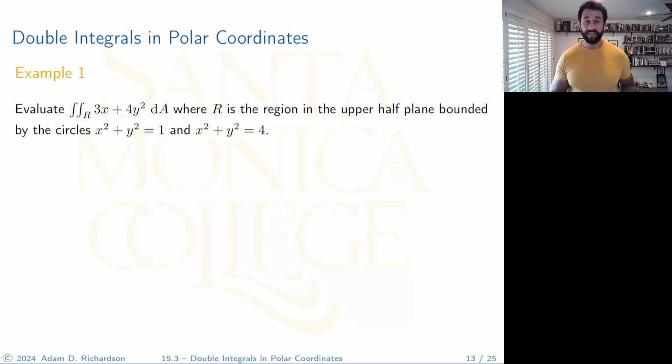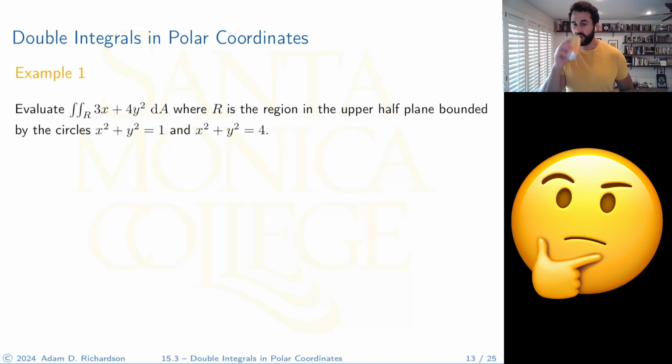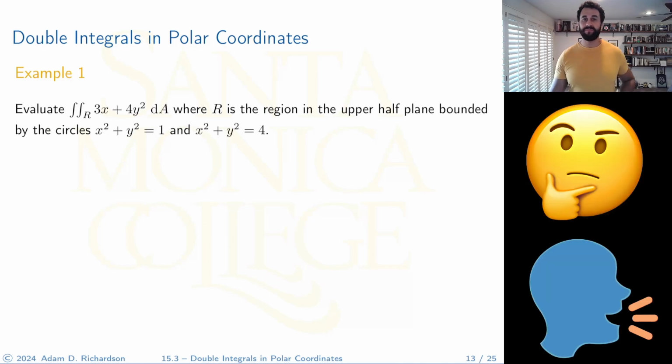All right, let's try it, okay? I want you to try to do this one on your own, and then we will do it together. So evaluate this integral here, where R is the region in the upper half plane bounded by these two circles. Okay, so I want you to think about it first. All right, now say something out loud.